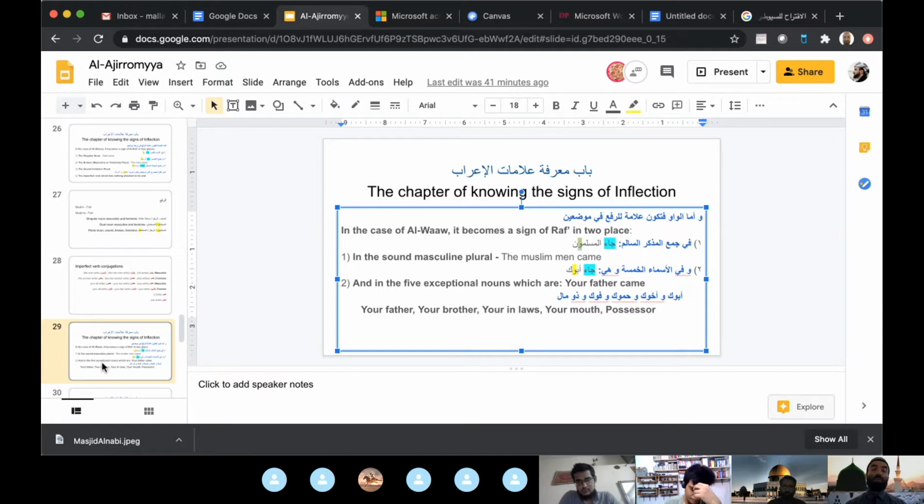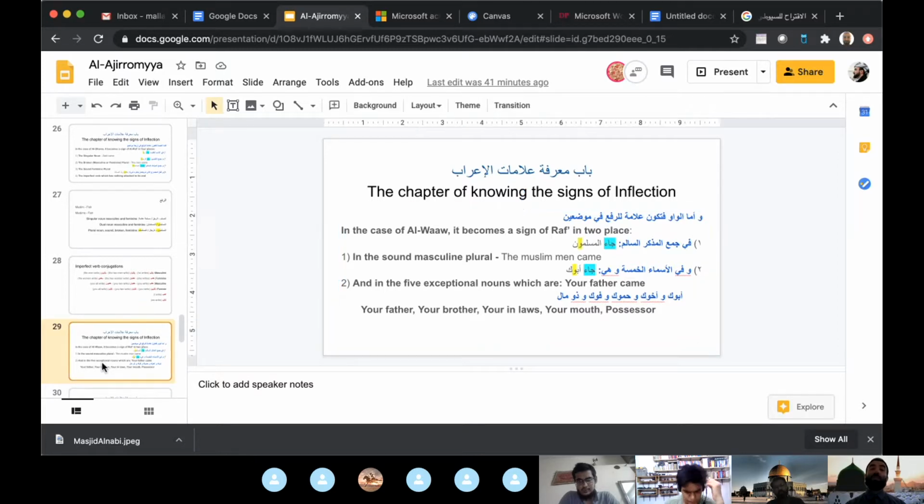So inshallah, try to memorize all of these. That is why the scholars, like when I studied this book, I memorized it from beginning to end. And this is basically how everyone does it. This is a book that gets memorized because it is short, but it is full of benefit and information.